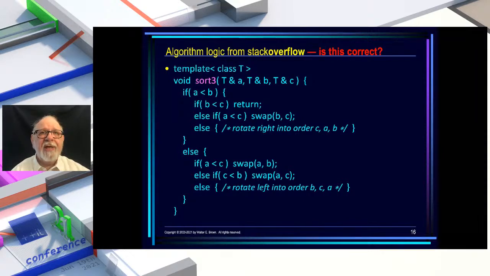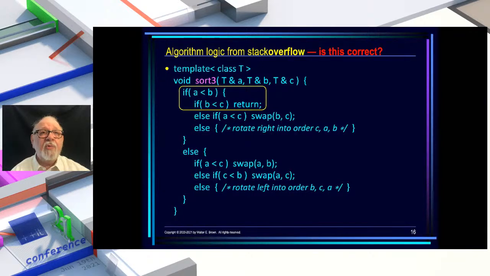But I think you'll agree that just by a glance, this looks much more involved, much more intricate, much more complicated than the algorithm I showed you on the previous page. And because of that added complexity, added nesting, multiple layers of ifs and else ifs and so forth, it's difficult to verify whether this is correct in all cases.